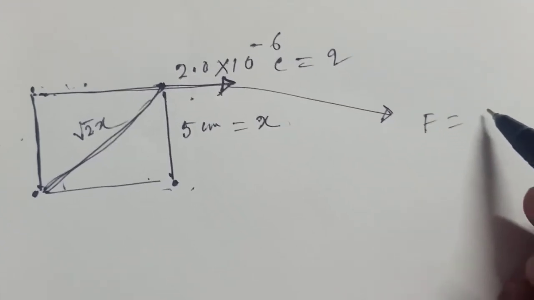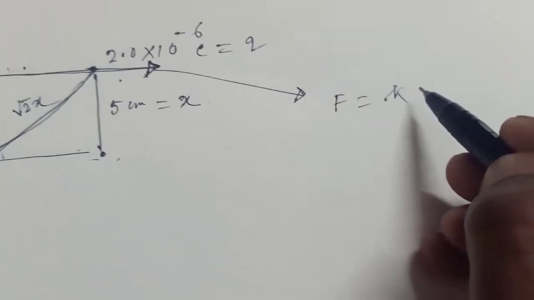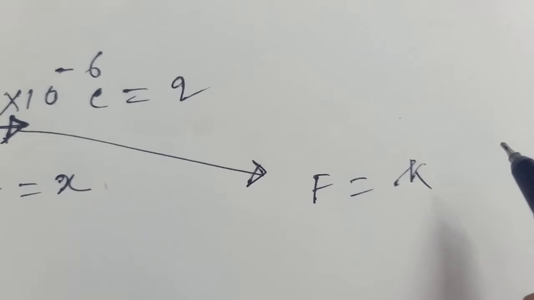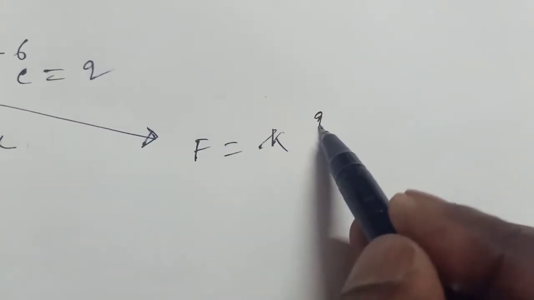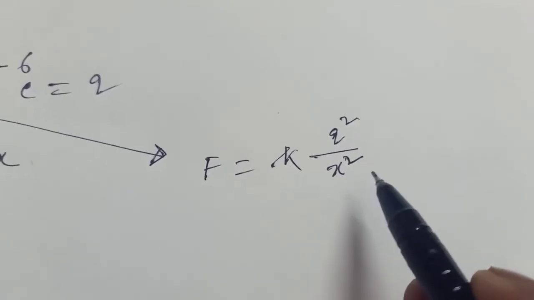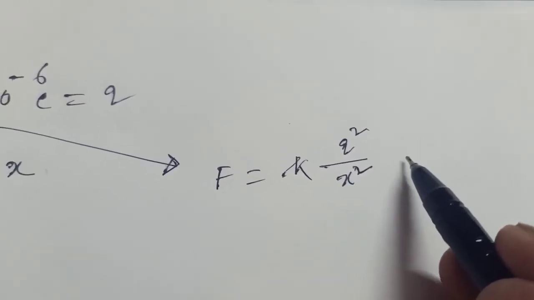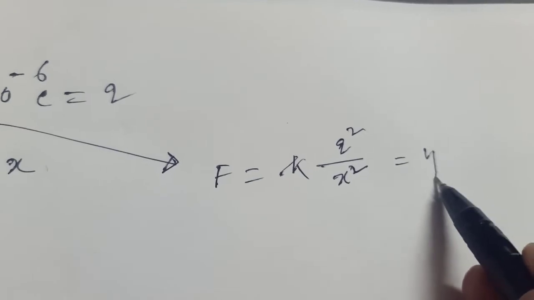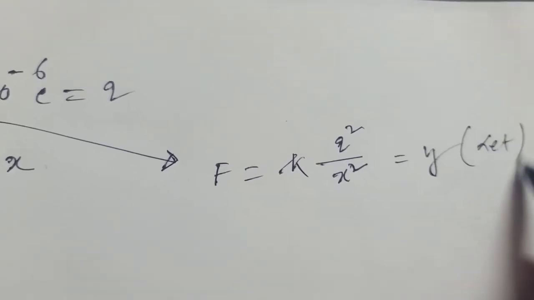F equals 1 by 4 pi epsilon naught, this is the proportionality constant, and q into q means q square by x square, and let it be y.